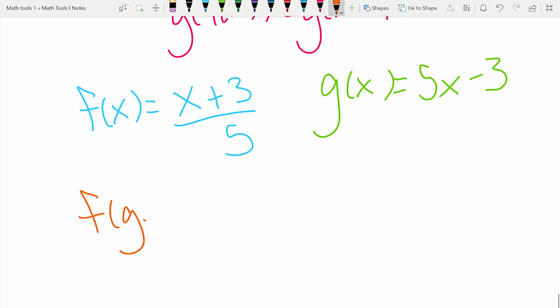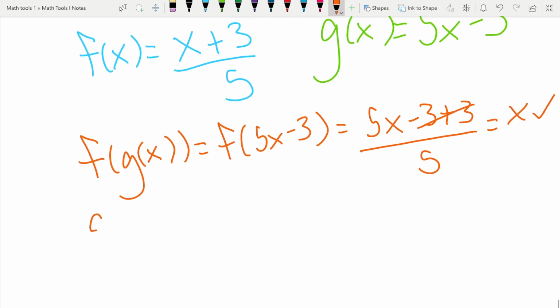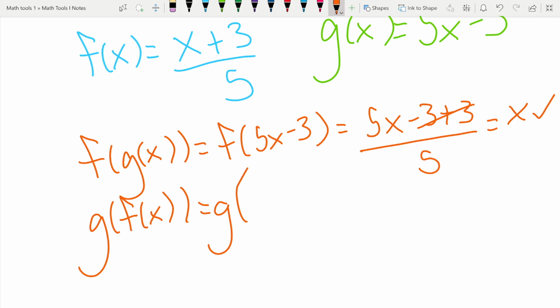If we do f of g of x, we're going to do f of 5x minus 3, which is going to be 5x minus 3 plus 3 divided by 5. These cancel. We have 5x over 5, which is x. Okay, so we're good in one direction. g of f of x. Okay, so this is g of x plus 3 over 5.